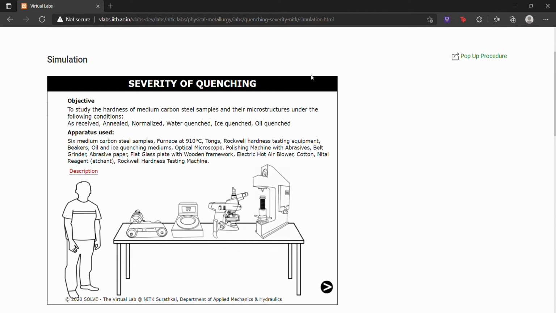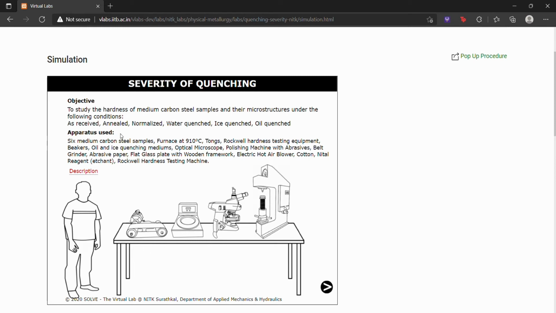So the objective of this simulation is to study the hardness of medium carbon steel samples and their microstructures under the following conditions, which are as received, annealed, normalized, water quench, ice quench, and also oil quench.